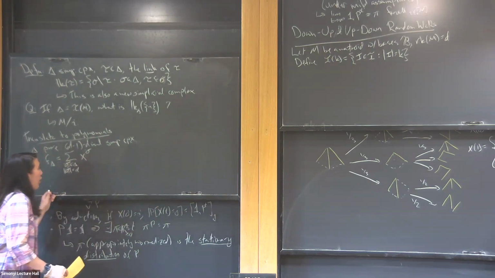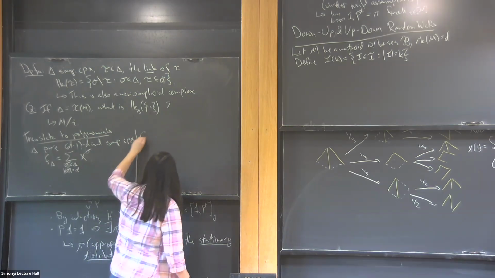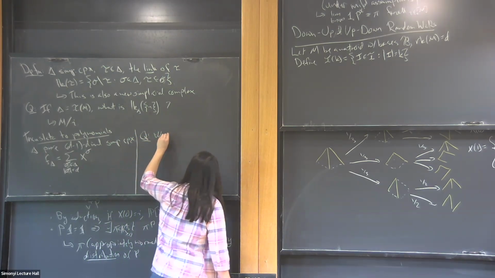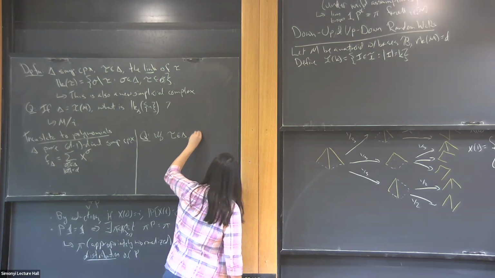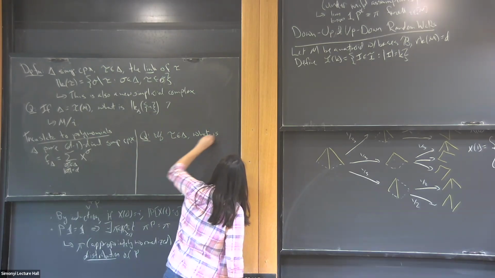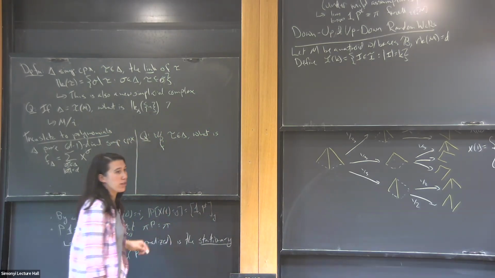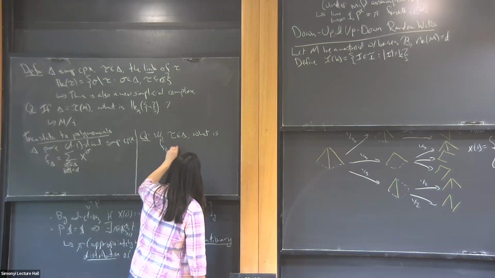Another pop quiz that I've sort of run out of room for. Okay, here's the question. If we have some simplex tau, and I claim that these links are again simplicial complexes, what is this polynomial for the link?